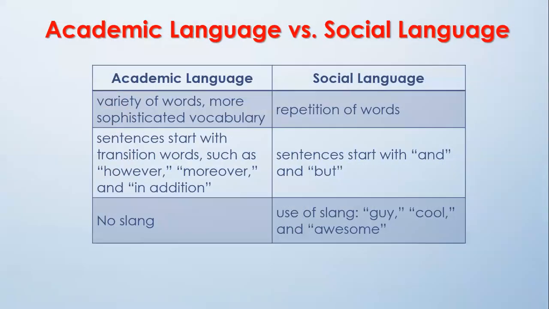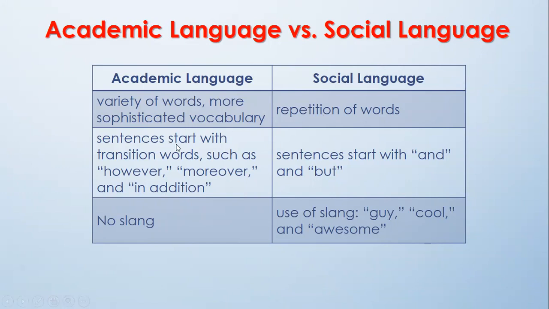Okay, so next. This table distinguishes the differences of academic language from social language. In academic language, there is a variety of words, more sophisticated vocabulary. Just like what I said earlier, in academic language, we make use of sophisticated vocabulary, whereas in social language, there is repetition of words.